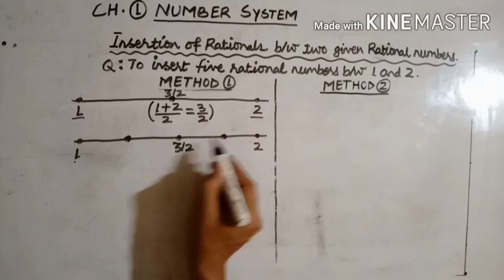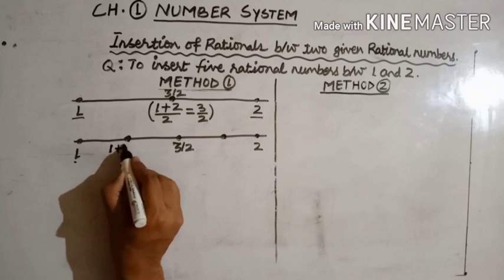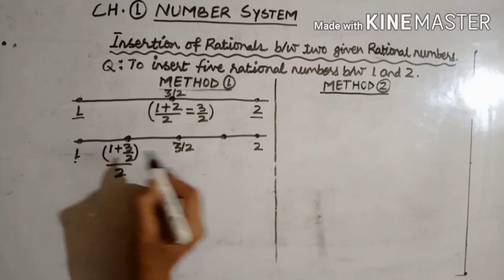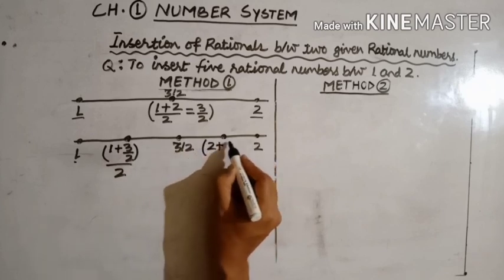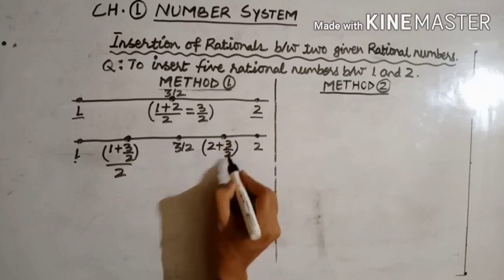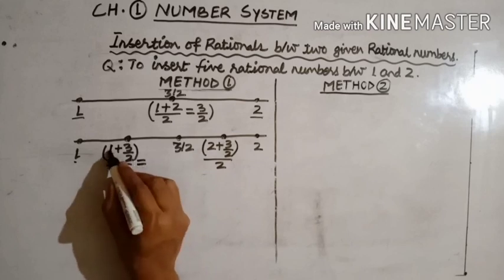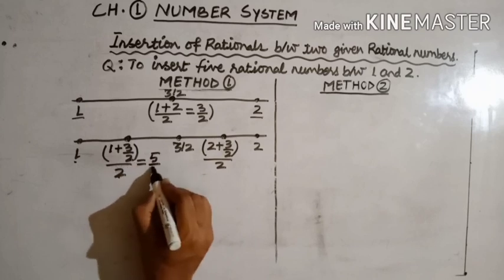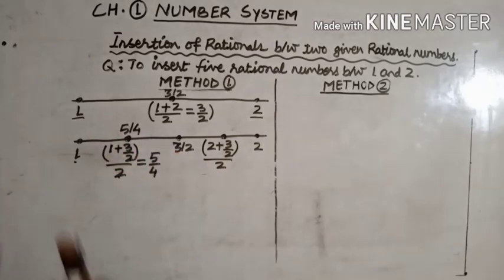So these two rational numbers you may find as the average of 1 and 3 by 2 and 2 and 3 by 2. So it becomes 2 ones are 2 plus 3, 5 upon 2 twos are 4. So the rational number just in the middle of 1 and 3 by 2 becomes 5 by 4.